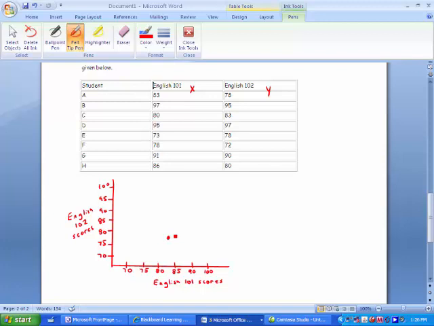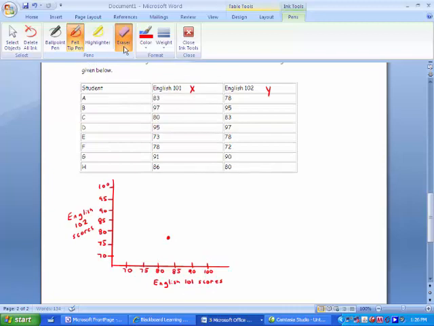Student B made a 97 in English 101 and a 95 in 102, and so that point would be right about here.